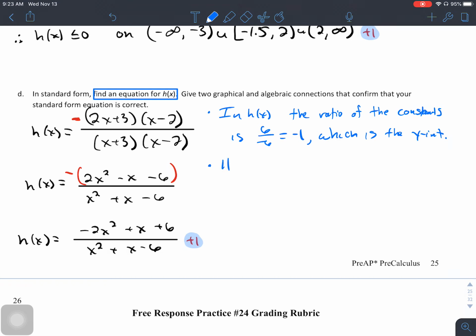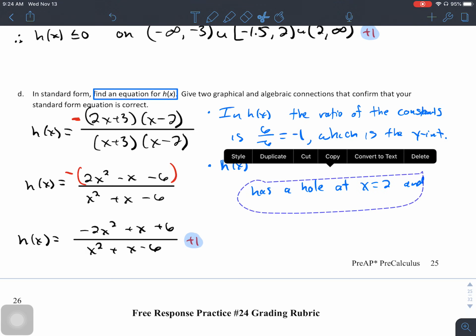H of x has a hole at x equals 2. I should say h of x graph. Let's do that. My apologies.